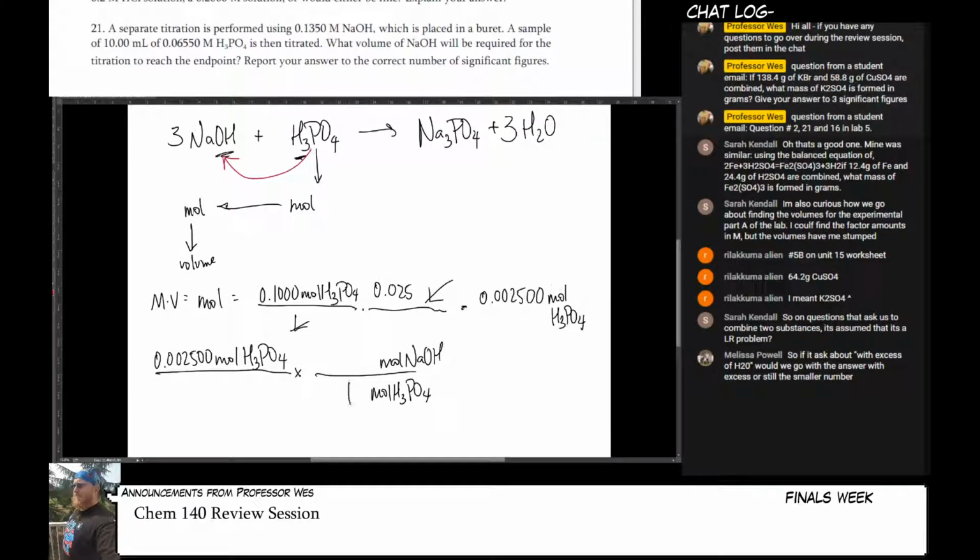What's the ratio of these two things? Well, it's 1 to 3, because I need 3 sodium hydroxides to react with 1 phosphoric acid. So that's how many moles of sodium hydroxide I have.